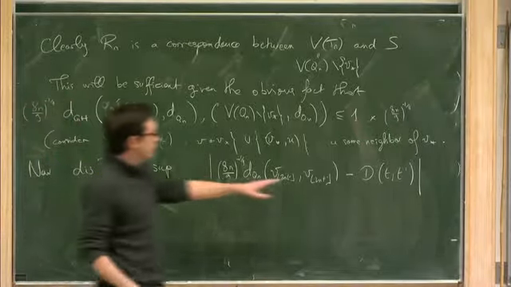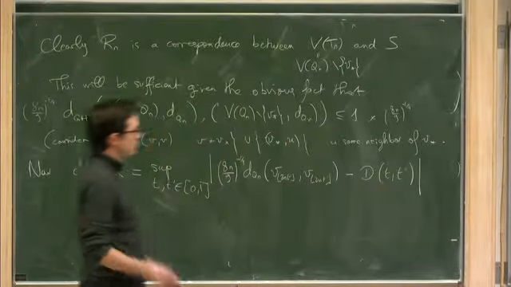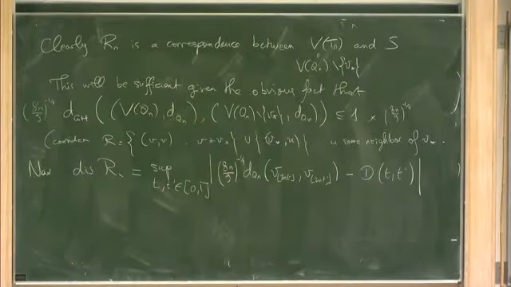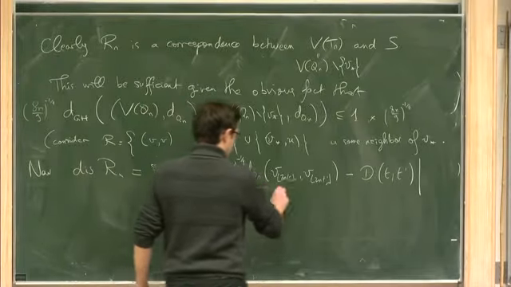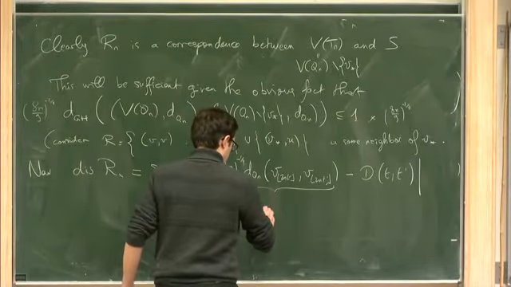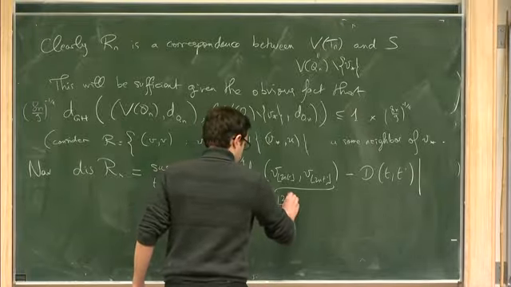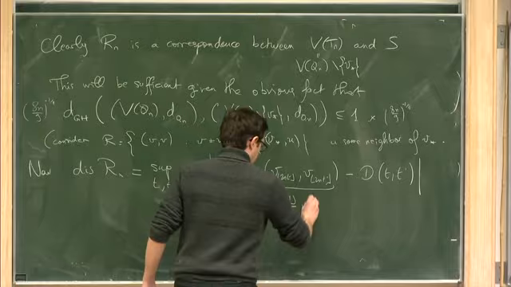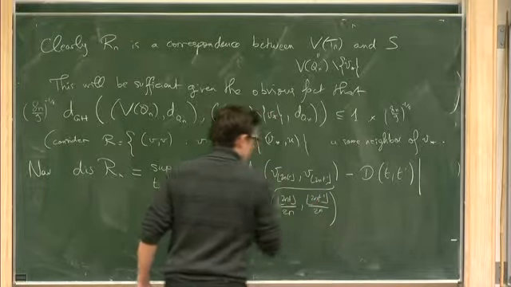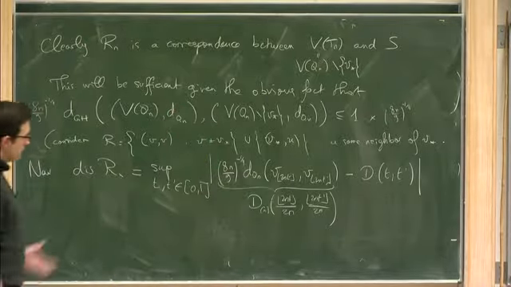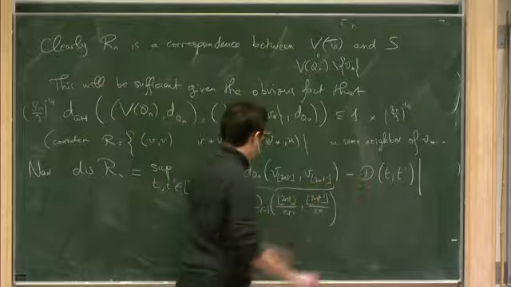this quantity does not depend, in fact, on the choice of t and t prime within their equivalence class for the equivalence relation here. And this is nothing but d_n of 2nt divided by 2n, 2nt prime divided by 2n, and by uniform convergence of d_n to d, this goes to 0.